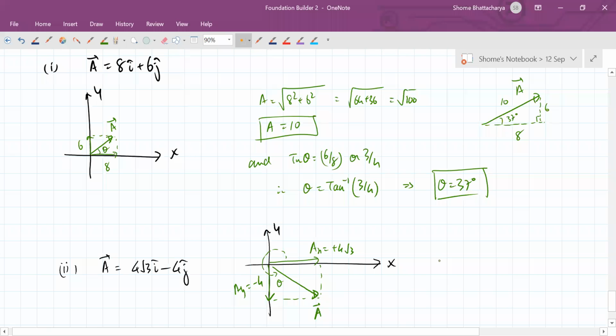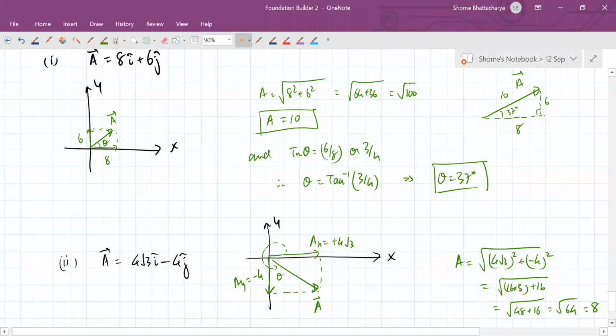Okay. So that is why you can see that this doesn't really matter. Okay.